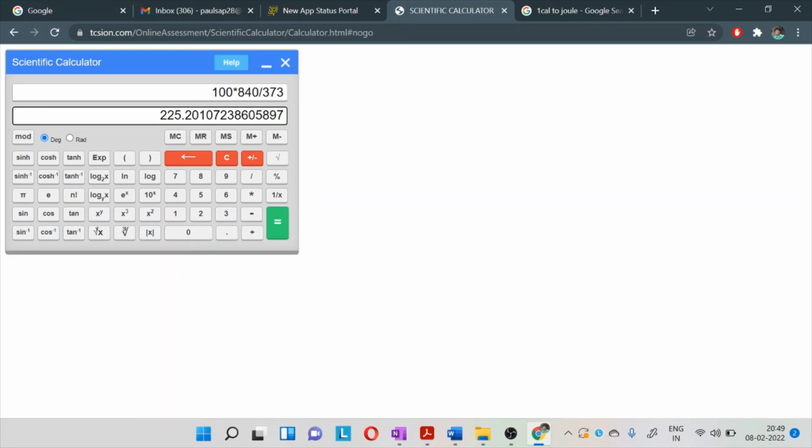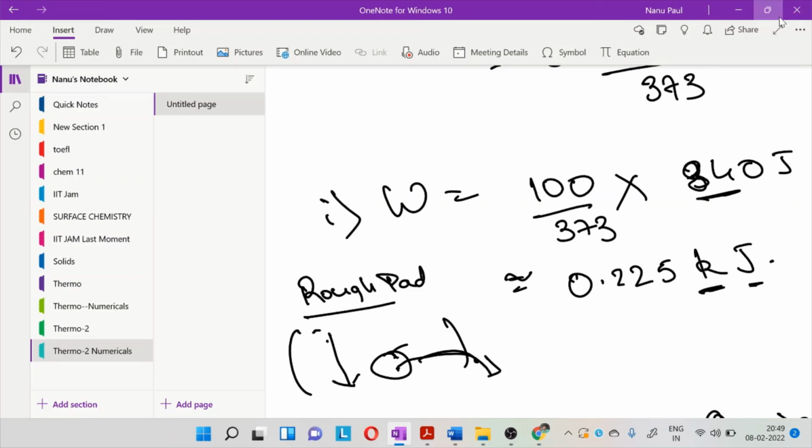If you make this in kilojoules, it will be 0.225. And what is the answer that is given? It is 0.225, right? So we got the answer.